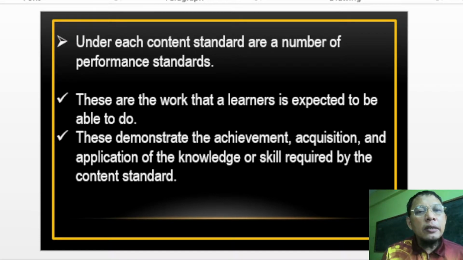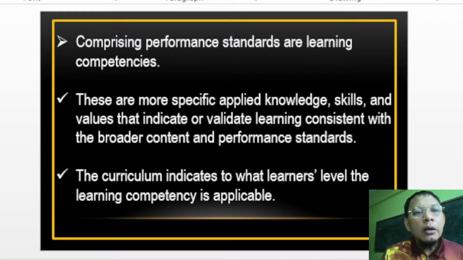Under the content standard are a number of performance standards. So mayroong mga performance standard. They are the work that learners are expected to be able to do. This demonstrates the achievement, acquisition, and application of knowledge or skill required by the content standard. Comprising performance standard are learning competencies.